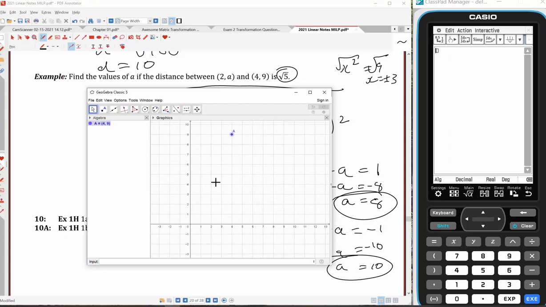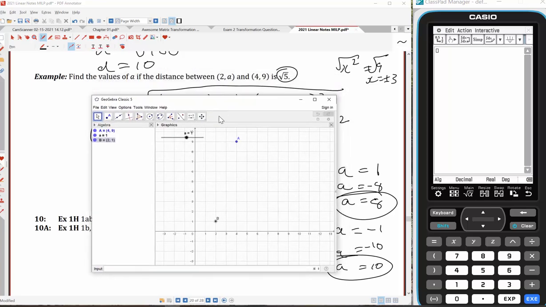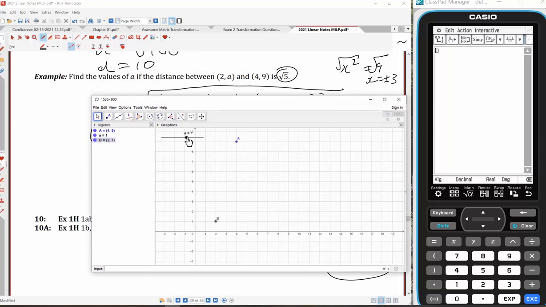There it is there. And I'm going to write down 2, A, where A will come up as a parameter, and we're saying it can be 2 values, 8 and 10. Here is our slider, and we're going to set that to whichever values we want. Notice that the value of A will change.